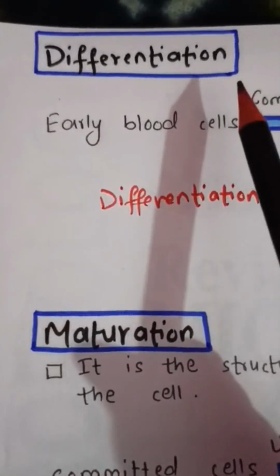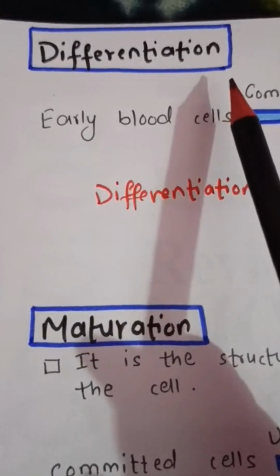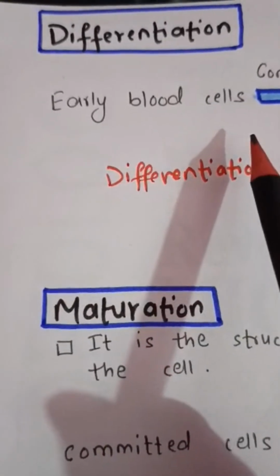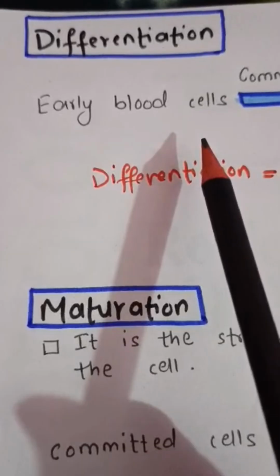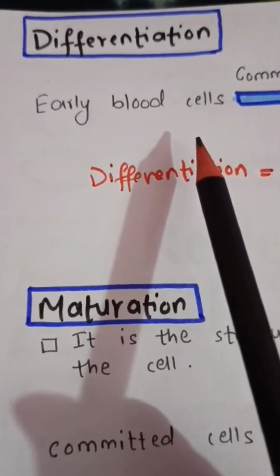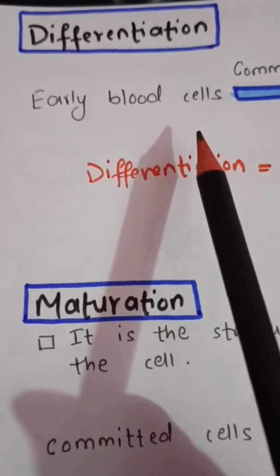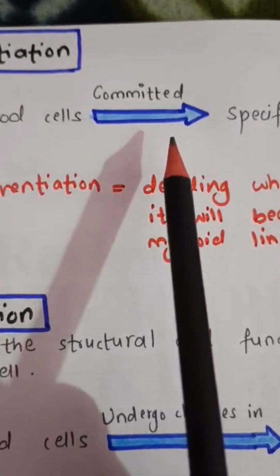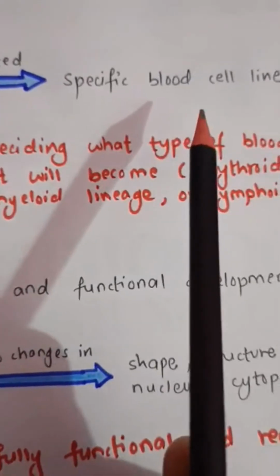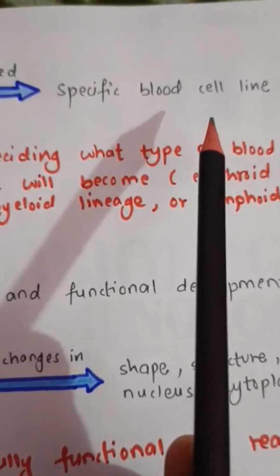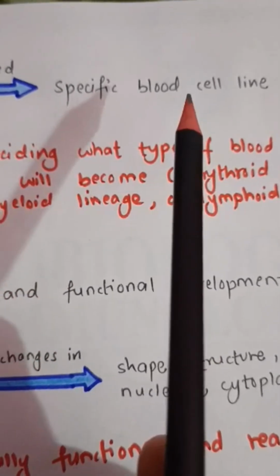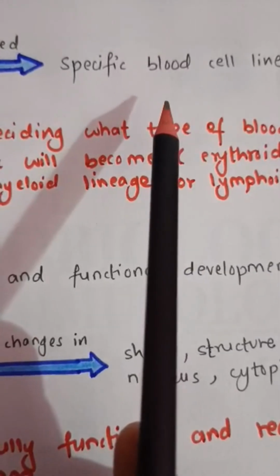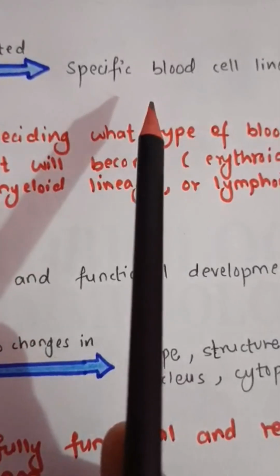Now, let's talk about what differentiation is. Differentiation is the process in which early blood cells become committed. From the formation, we understood one hematopoietic stem cell gives rise to numerous immature cells. Now, those early immature cells become committed to a specific blood cell line. That means they become specified to become a certain type of blood cell, and this is known as differentiation.